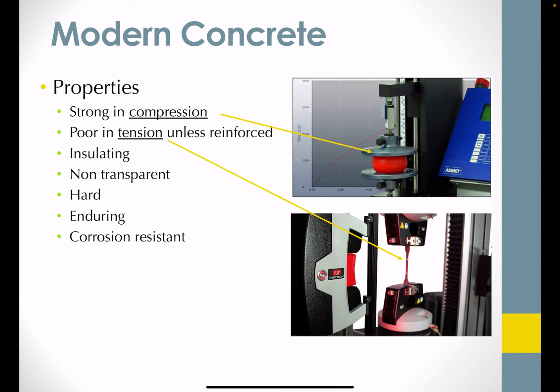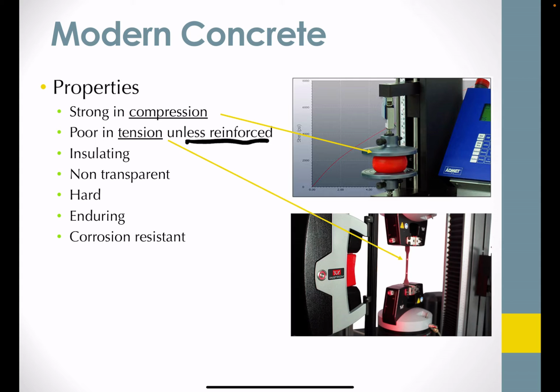Okay, so modern concrete is known to have various properties that you may be familiar with, and so we'll touch on those here. It's known that it's very strong in compression, but unfortunately pure concrete is poor in tension, and strategies to address that involve reinforcement. Of course, you know concrete to be non-transparent.